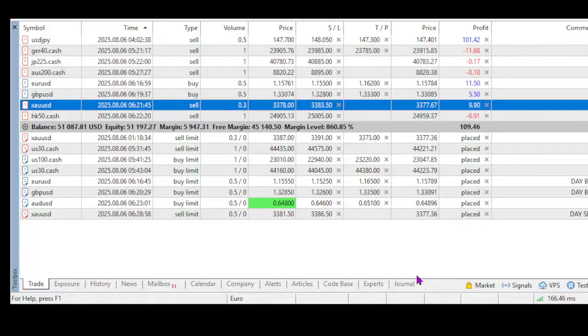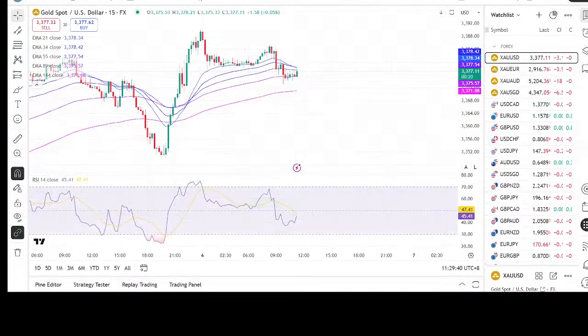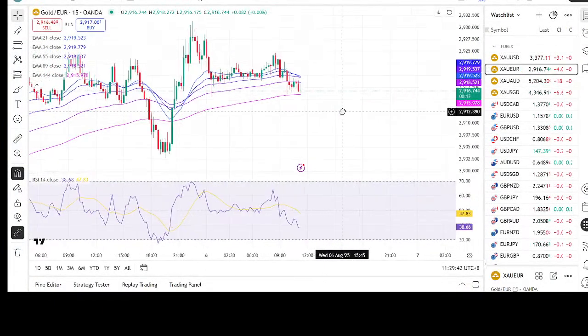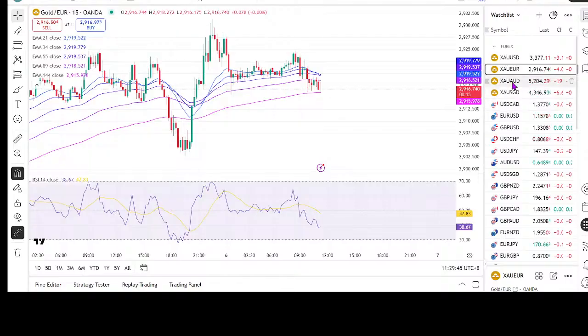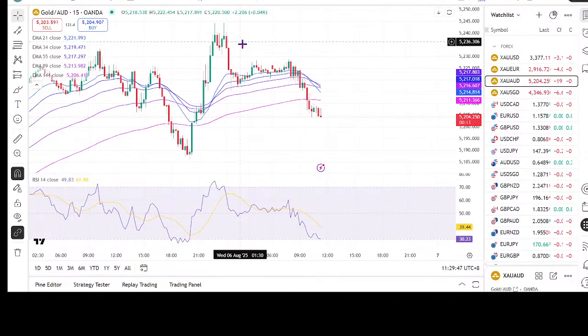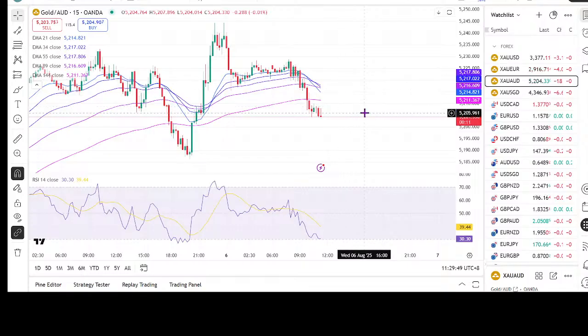So this TP we will work later, but since this is moving in the right direction, let's look at gold euro and gold Aussie. Both are showing weakness, so which means to say that this is a good trade we should be expecting.